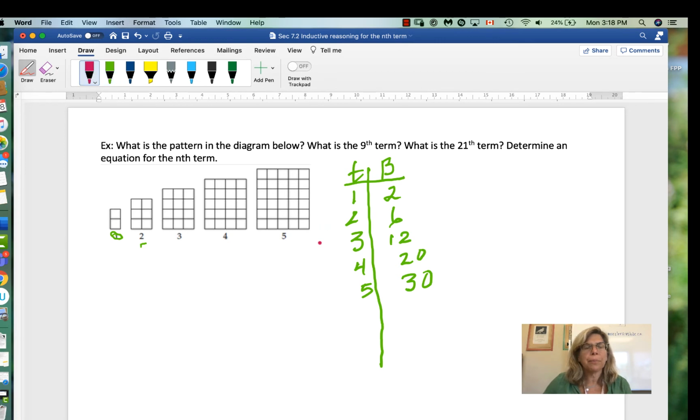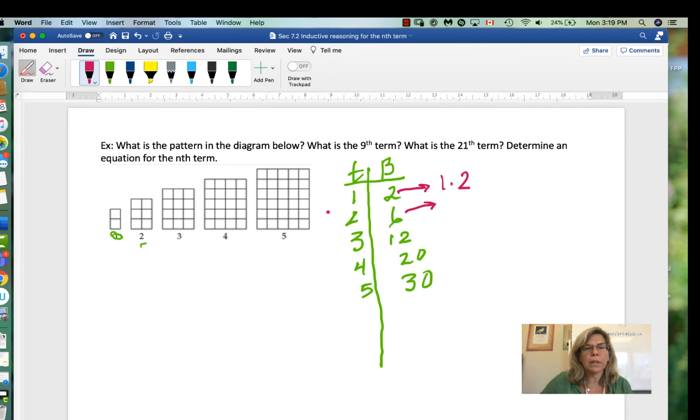Okay, well, there's a number of different ways we could get to 2, but there's got to be a pattern in here someplace. And what I'm looking at actually is, you could see maybe we have a side of 1 block and a side of 2 blocks, which gives us 2. And a side of 2 blocks and a side of 3 blocks, which gives us 6. So let's just try that out. So a side of 1 times 2 gives us 2.